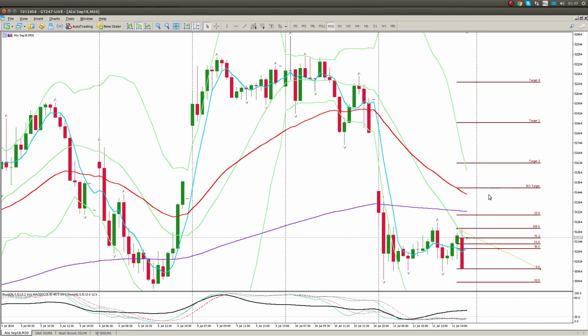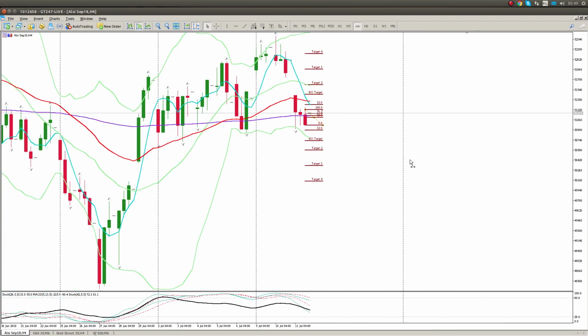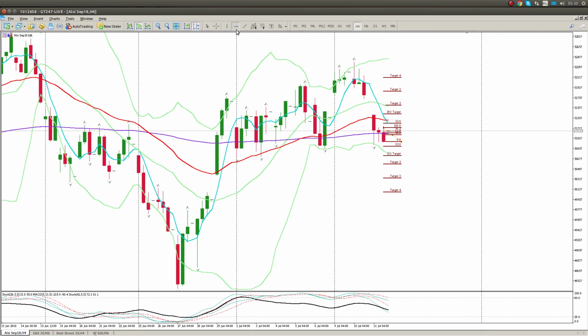Those are the targets to the upside. A break to the downside will be pretty violent because we are at the bottom of the range. Just bear in mind that a break below this level here is going to be extremely bearish, because then you've got multiple targets.